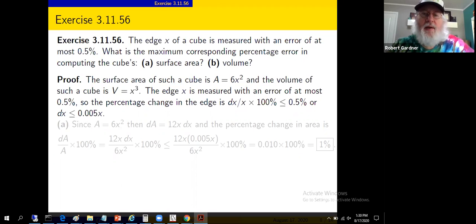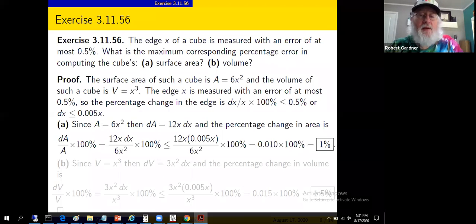They want to find the maximum corresponding percentage error in surface area. All right, here's surface area. We'll do the same kind of thing. We'll take the differential of surface area divided by surface area, just like we did with the differential of the length of a side divided by the measured length of a side.